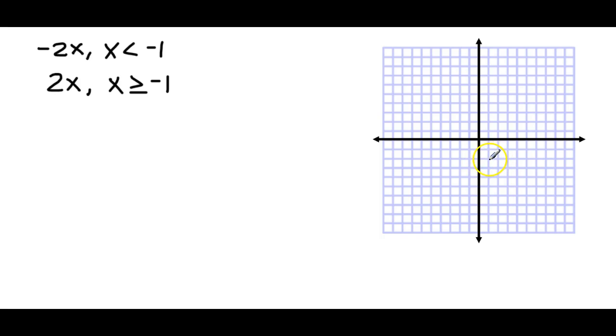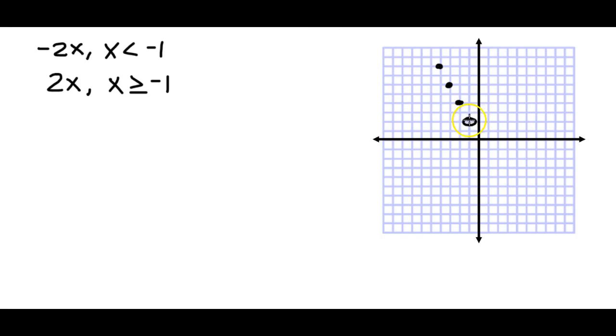Well, that's going to bring us to a positive, so that's not going to work. But if I go up 2, left 1, I can put an open circle because this is that negative 1. And remember, we need that negative 1 to be an open circle because this is where it starts. In this case, it says less than, so we're going to keep going. I'm going to go up 2, left 1, and I can put a dot. Up 2, left 1, up 2, left 1.